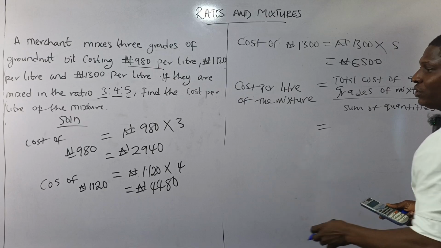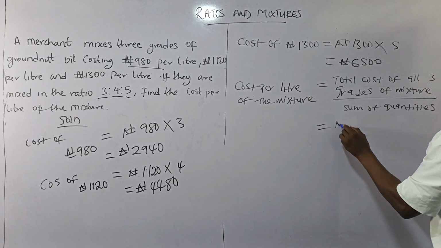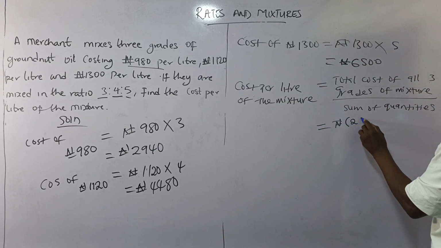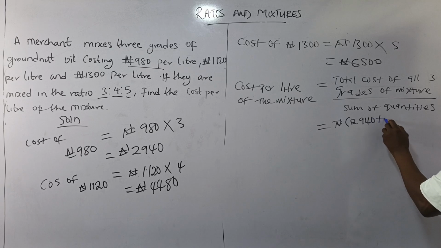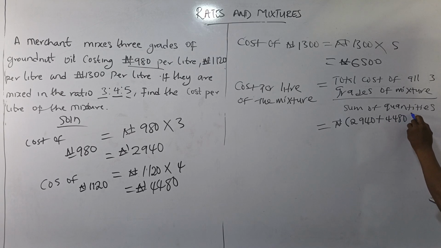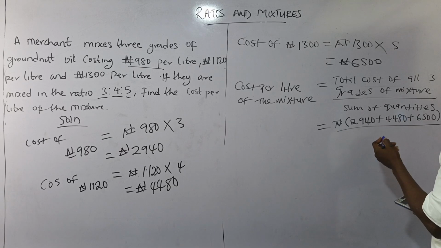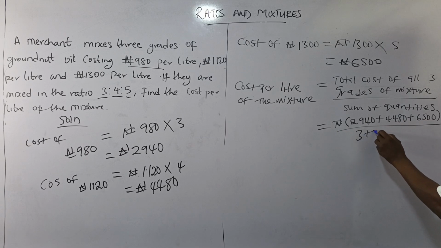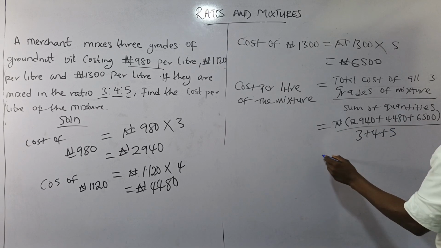Now the total cost for all 3 grades is simply, in naira, 2,940 plus 4,480 plus 6,500, all divided by the sum of the quantity, which is 3 plus 4 plus 5.